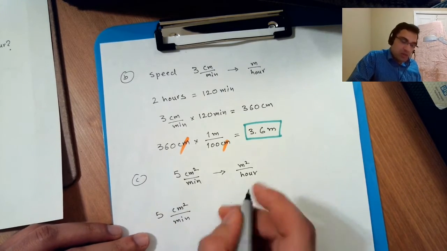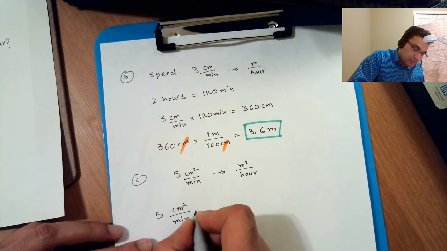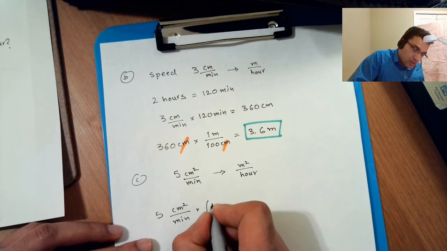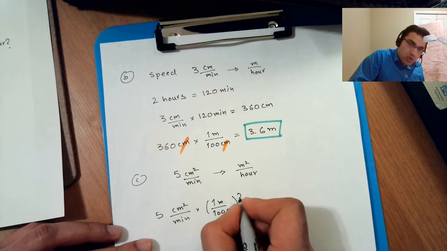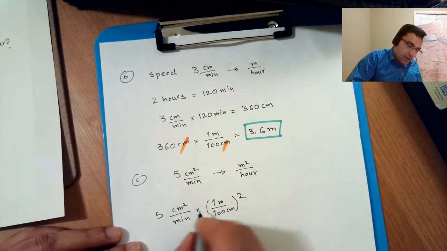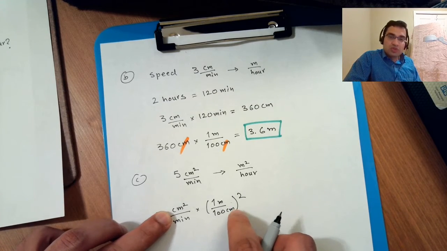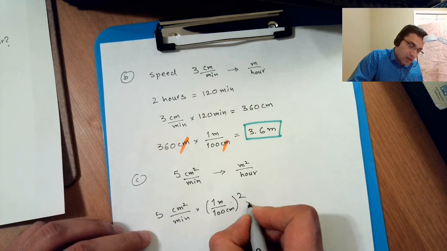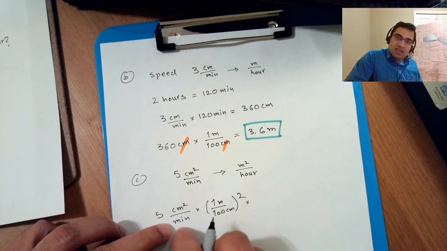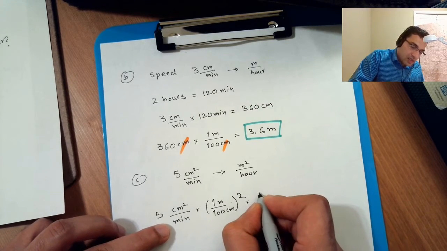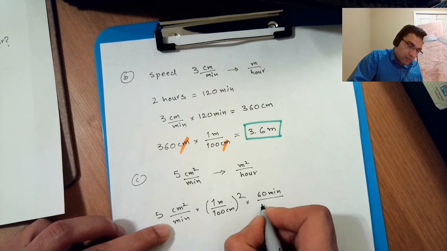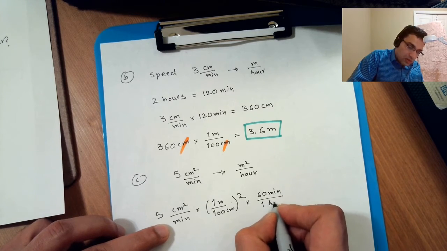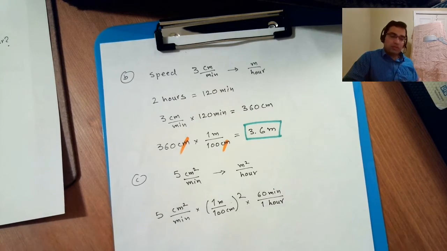I need centimeter to meter, square of that, which is 1 meter divided by 100 centimeter square, right? Because the centimeter square, I need to square this times this minute is in the denominator, so I need 60 minute divided by 1 hour, right?